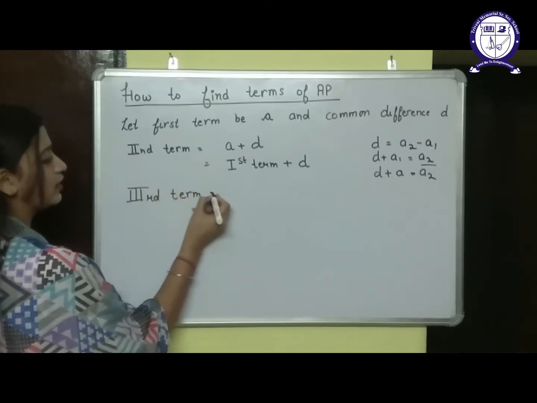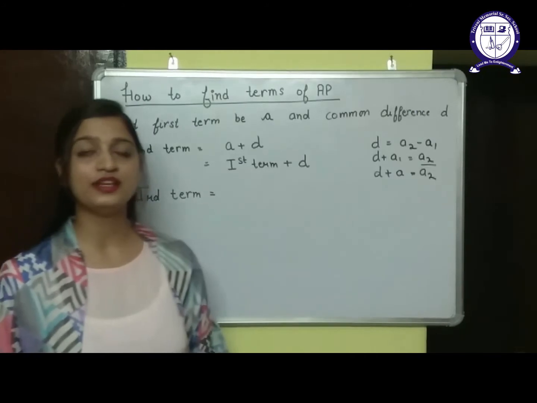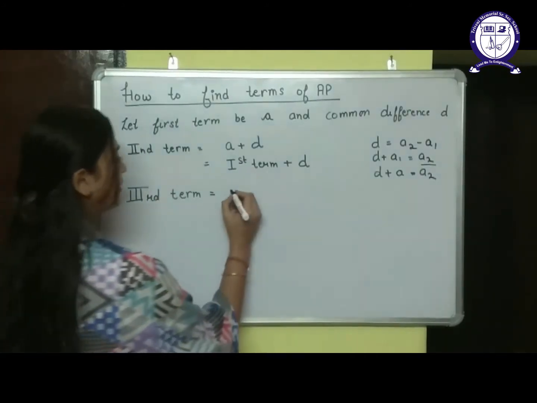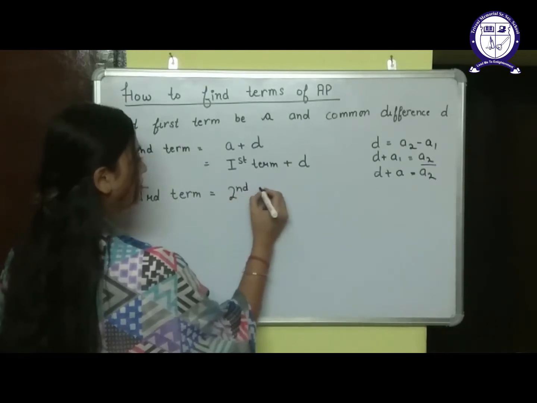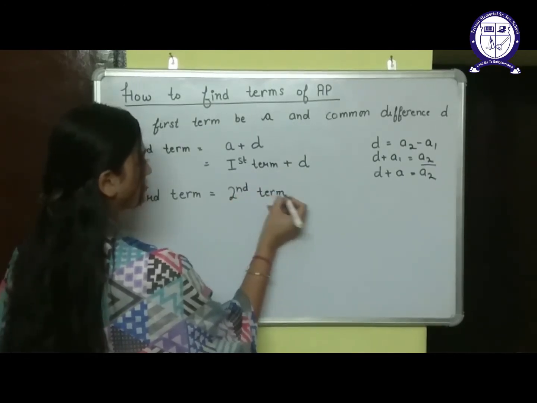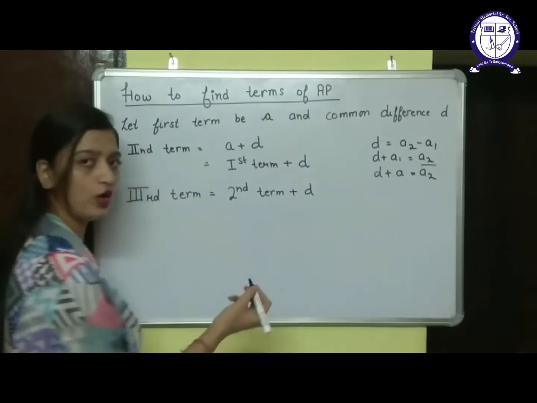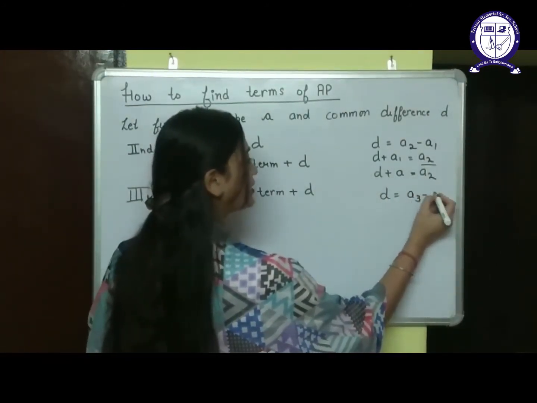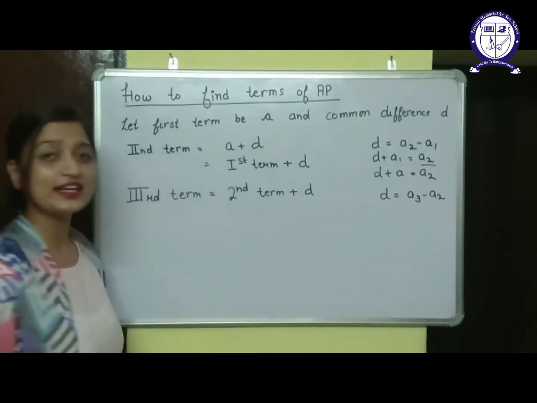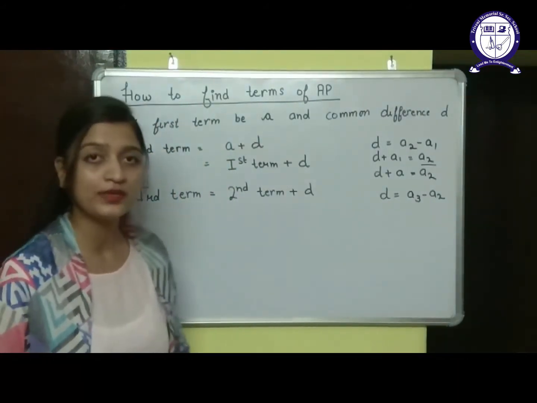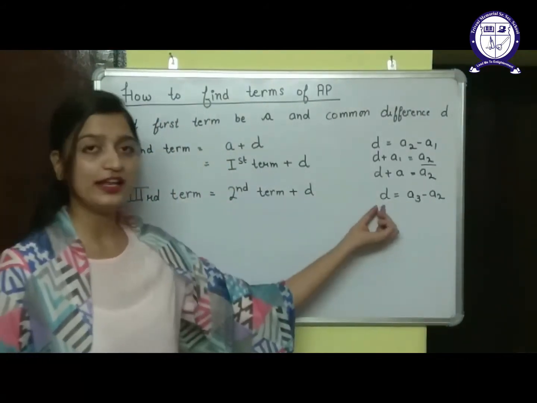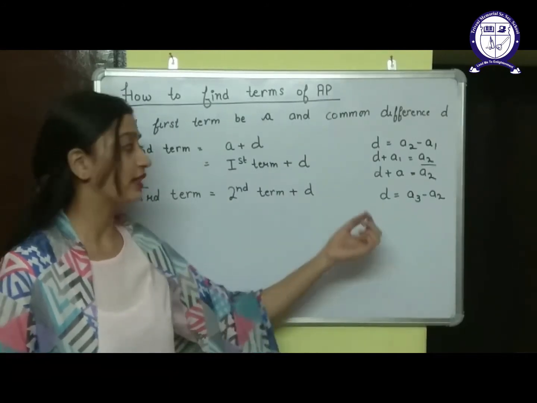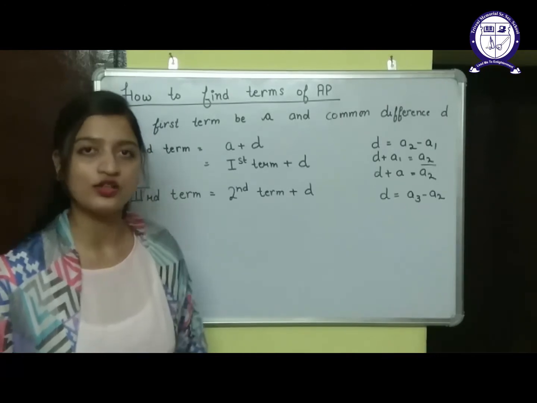Okay, now let's take third term. What will be my third term? Now third term will be found with the help of second term. So it will be my second term plus D. Okay, because my D is also A3 minus A2. Okay, it doesn't matter from which two numbers I am taking the value of D. The D will be same for any AP. But the thing is, the number should be consecutive.